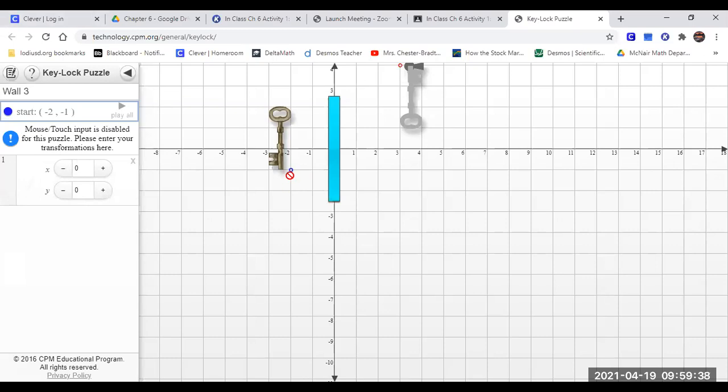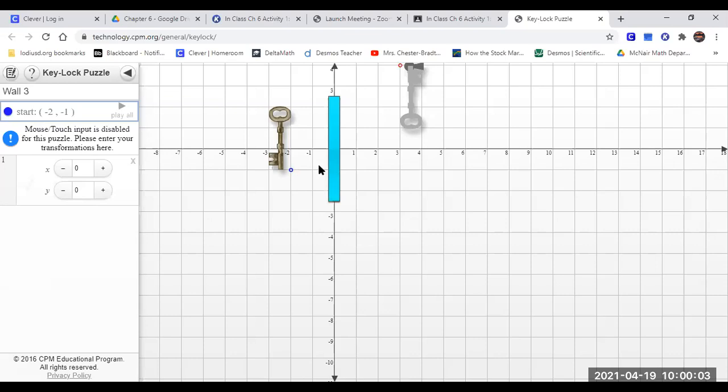Can I go ahead and say that I want to slide all the way to here? Can I slide all the way to here? No, because the wall's in the way. So at most, we can only slide one spot, right?